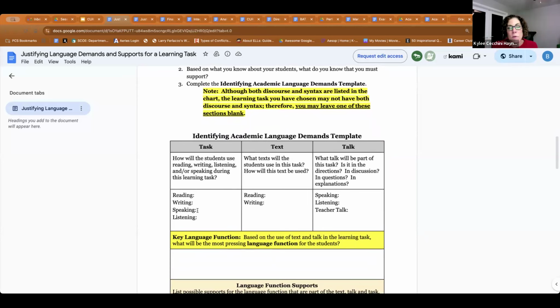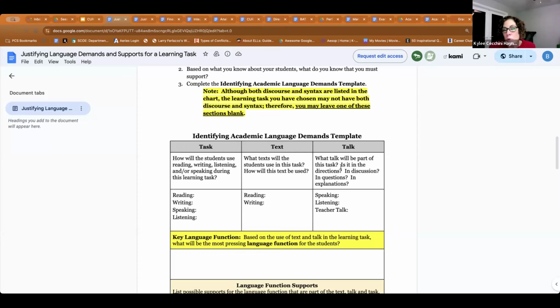They might be speaking with a partner explaining something that they're observing. And they're listening to me lecture about a lab report. All right. What text will they use in this task? Maybe they're not going to use any text, or maybe they will be using a lab report that you wrote to show as an example.